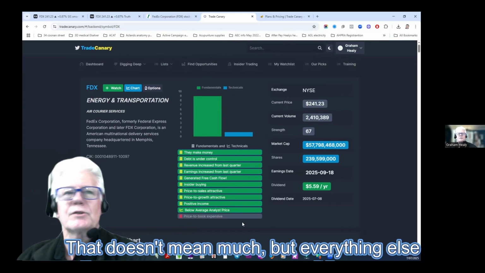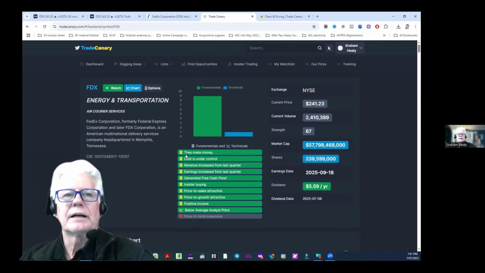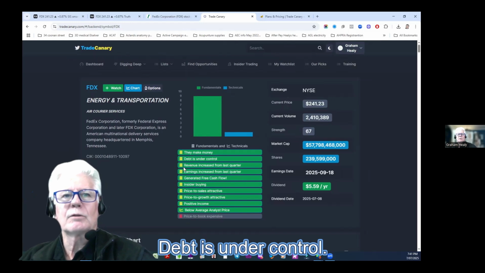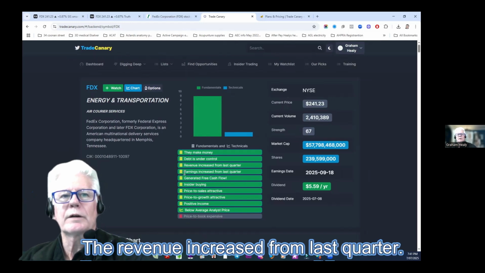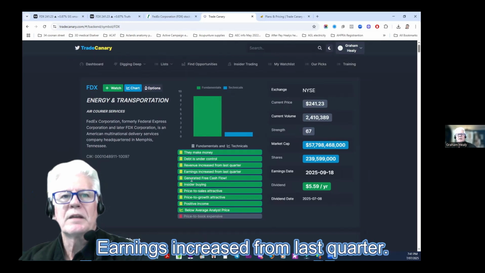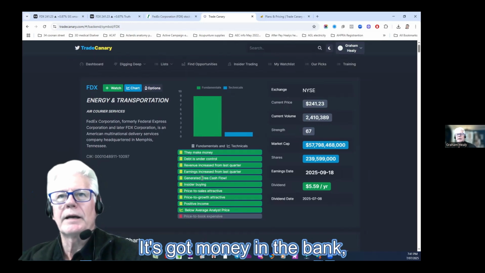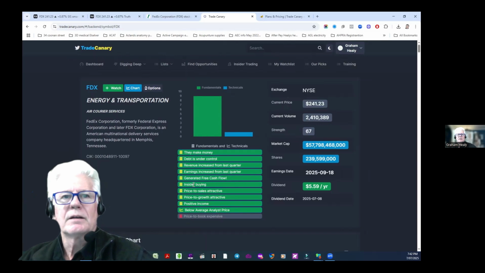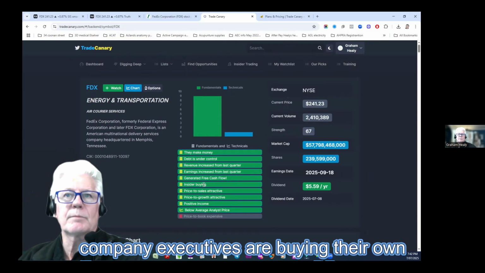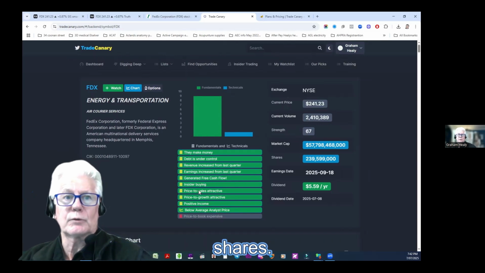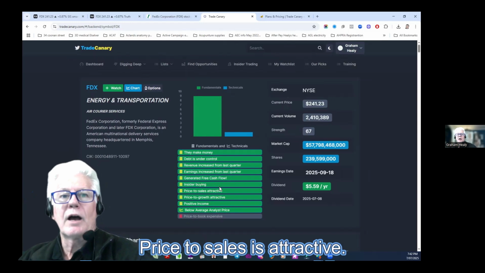That doesn't mean much, but everything else is great. It makes money, debt is under control, the revenue increased from last quarter, earnings increased from last quarter, generates free cash flow. That's an important one. It's got money in the bank, plenty of cash. Insider buying: the company executives are buying their own shares. That's what that means. Price to sales is attractive.